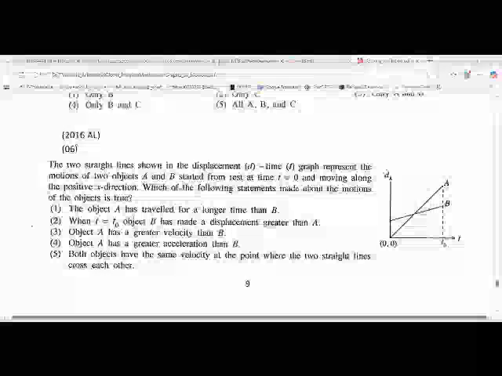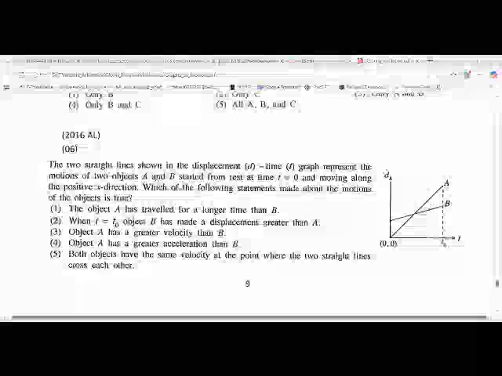We want to get an idea of what is represented by the relevant symbol. This displacement time graph shows the motion of A and B, two objects.